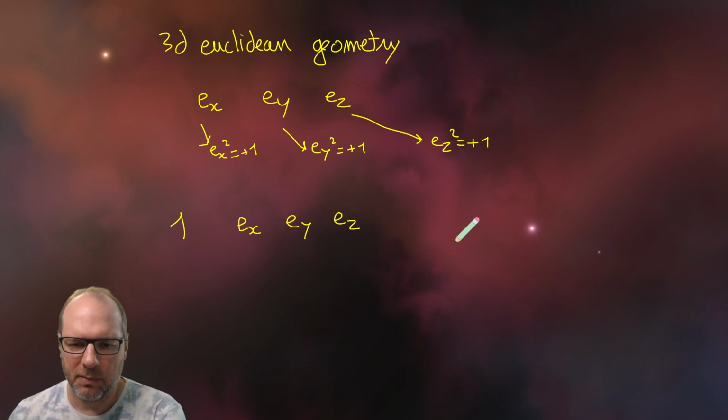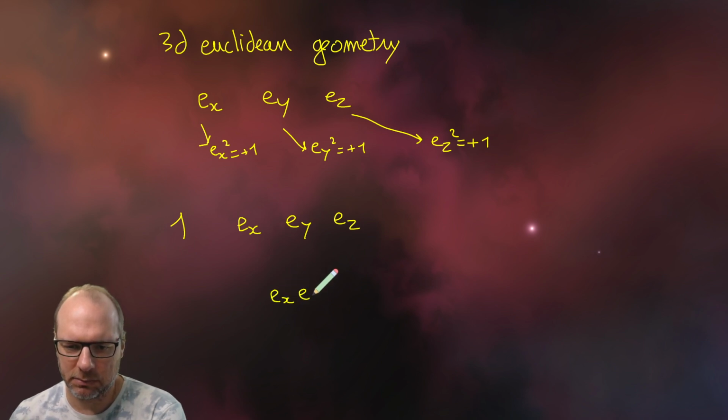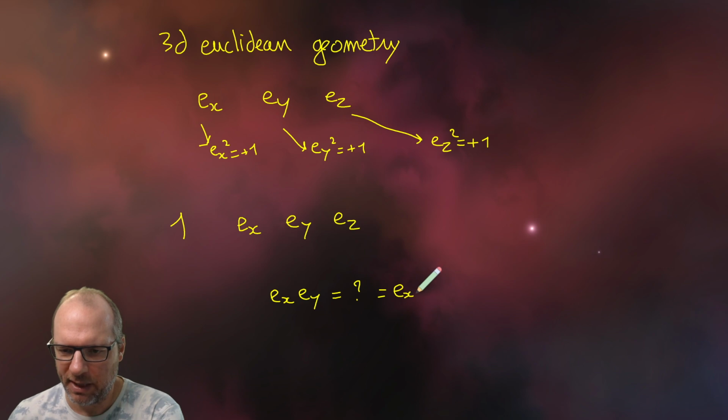But what happens if we multiply e sub x by e sub y? What is that? This is a new symbol, in fact. We can call it e sub xy.